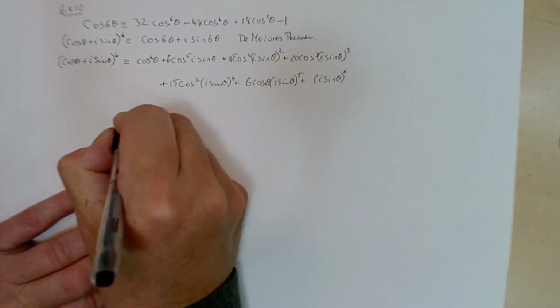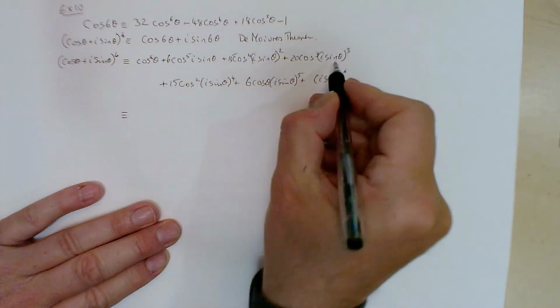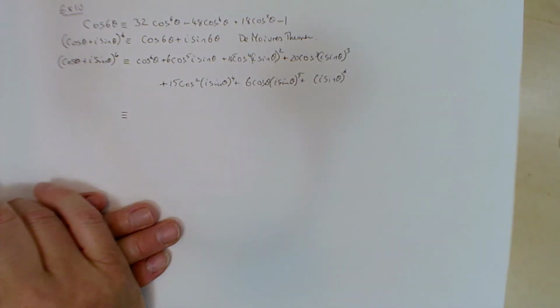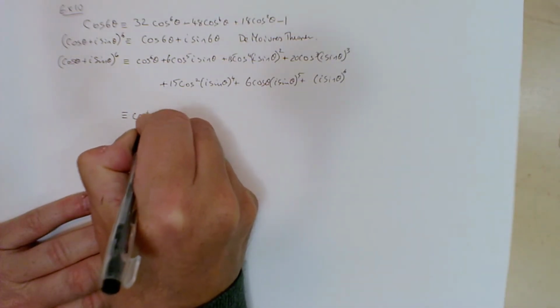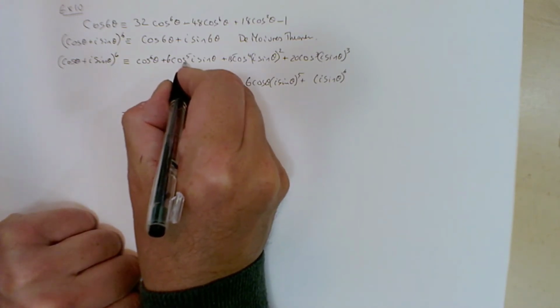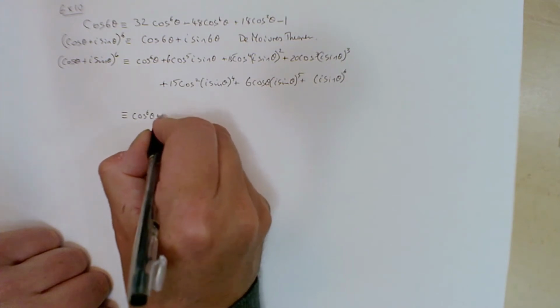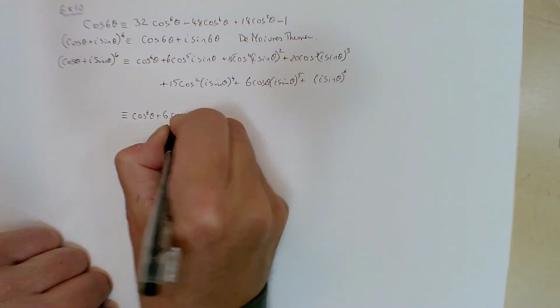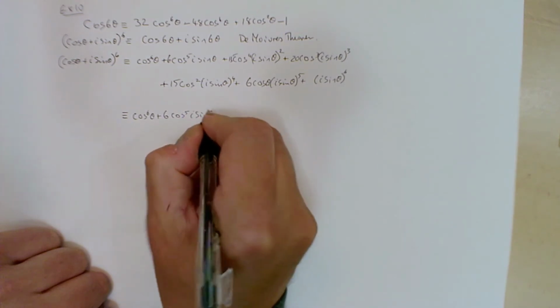Now, we have to deal with the fact that we've got i's in here, because some of them will disappear. So we've got cos to the power of 6 theta. We've got 6 cos to the power of 5 i sine theta, so nothing happens with the i's there, so we've still got 6 cos to the power of 5 i sine theta.